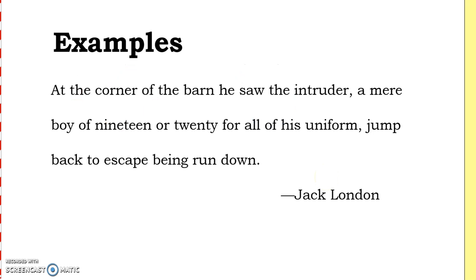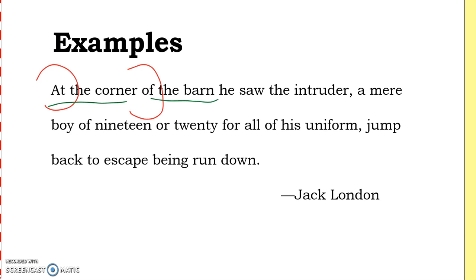Here's another example. Where's the first preposition in this sentence? At. Where's the second preposition? Of. Notice again that with each of these prepositions we have clusters of words forming in front of the preposition. At the corner of the barn.